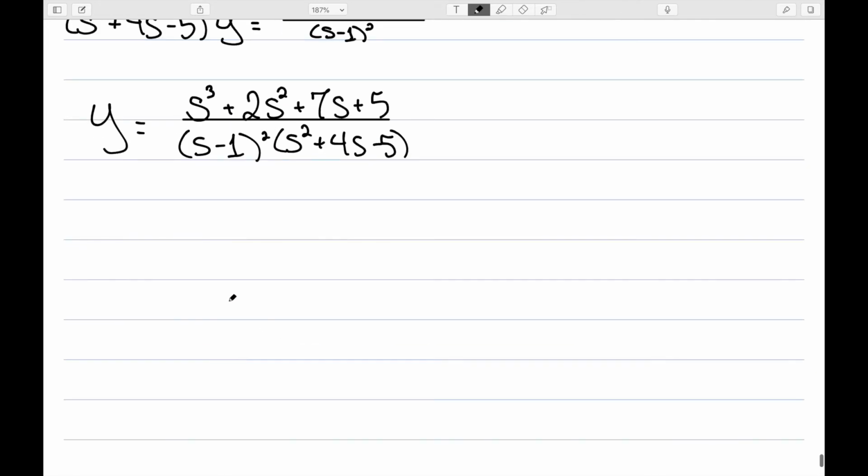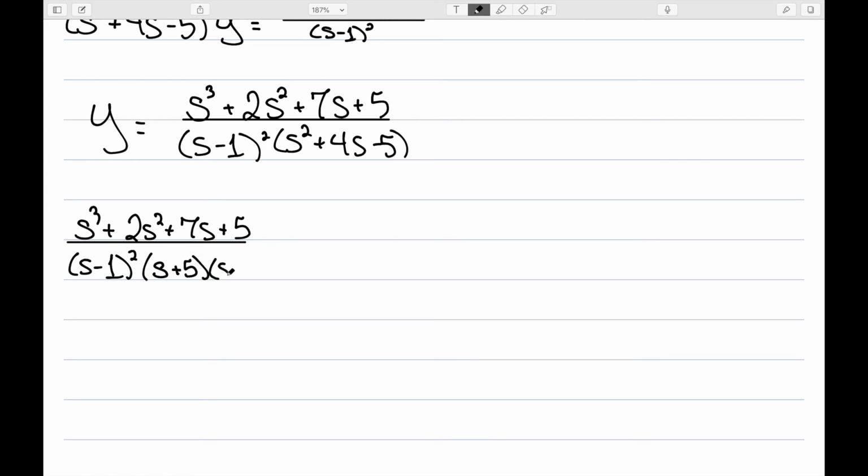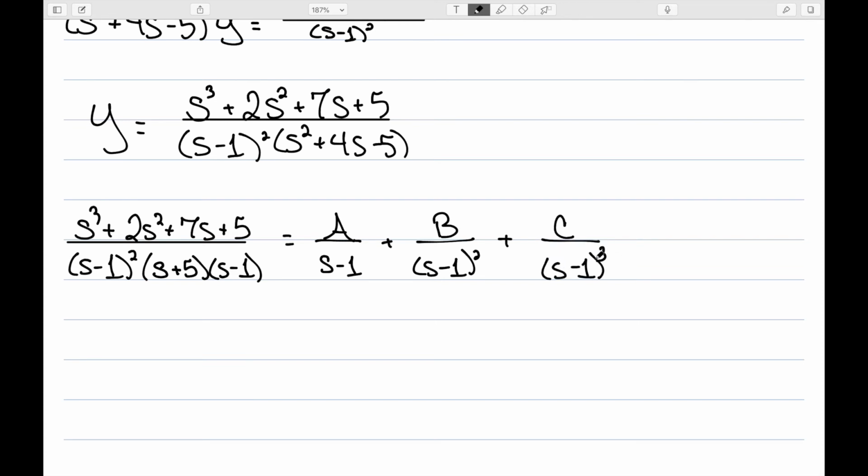And now we need to do our partial fractions. I'm going to start by realizing the denominator can be fully factored. When we do, this factors into s plus 5, s minus 1. So I actually have an s minus 1 cubed. So on the right-hand side, I need an A over s minus 1, a B over s minus 1 squared, and a C over s minus 1 cubed.